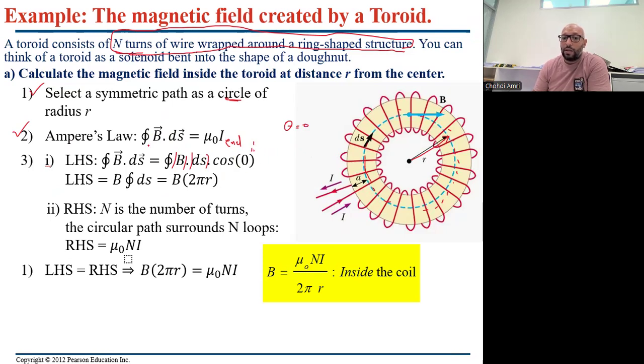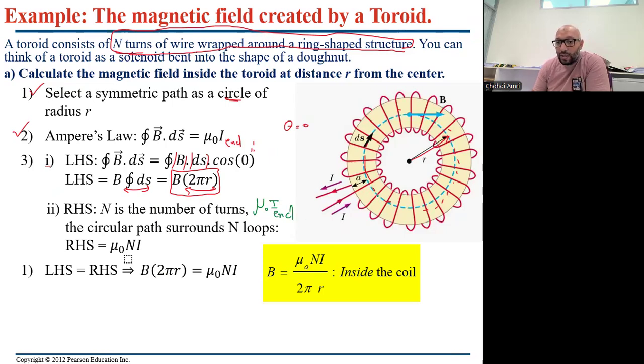B is constant as long as we are on the symmetric path, so the left-hand side is equal to B times the line integral of ds. The line integral of ds for the circle is 2 pi r. So the left-hand side equals 2 pi r multiplied by the magnetic field B. For the right-hand side, it's mu naught multiplied by the current enclosed by the path.